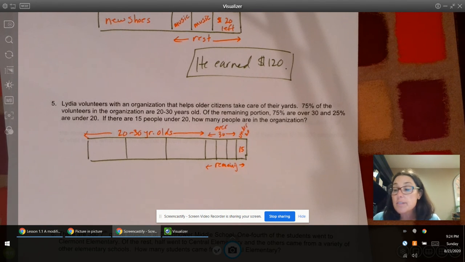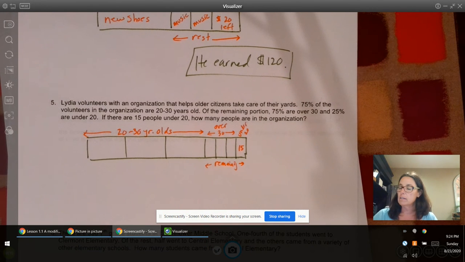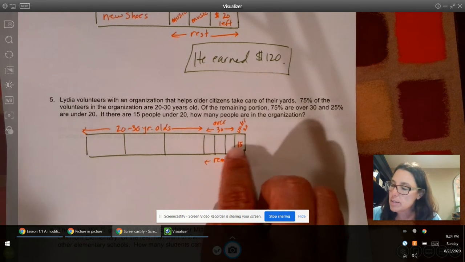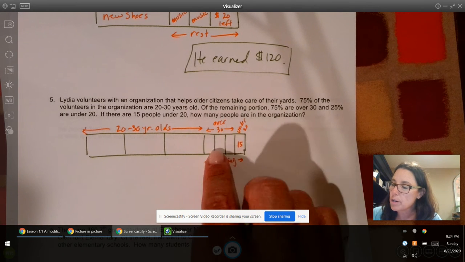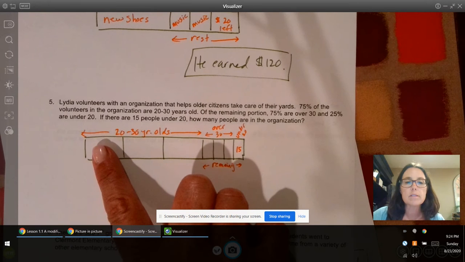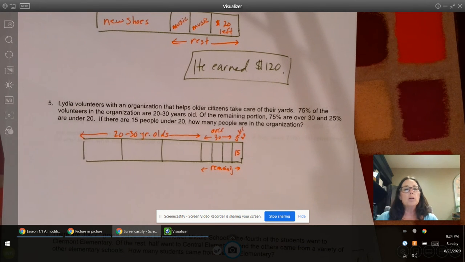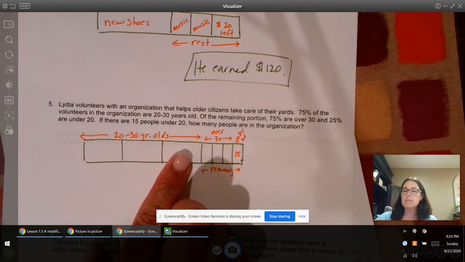Hopefully you're saying 60. 15, 15, 15, 15. Okay, well, if this is 60 and this is a quarter, isn't this 60? Isn't this 60? And isn't this 60? So here's my next question. How many people are 20 to 30-year-olds? Hopefully you're saying 180. 60 plus 60 plus 60.